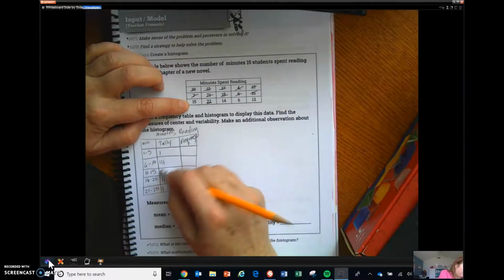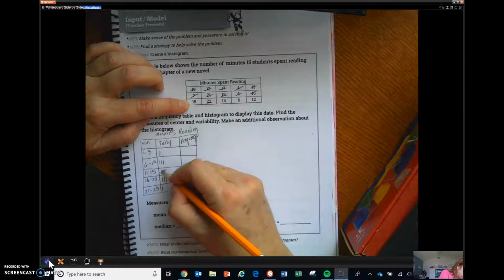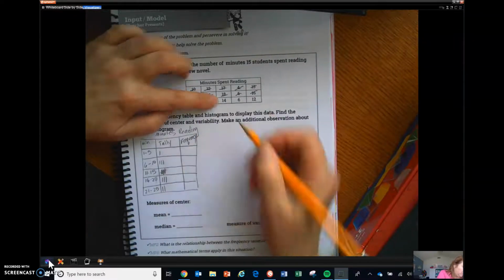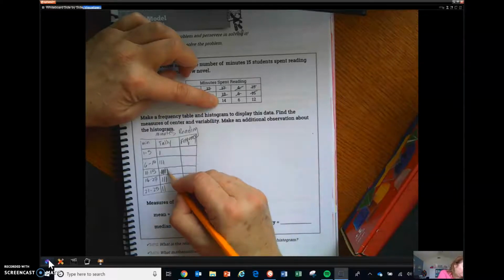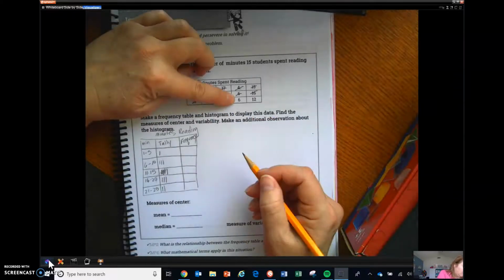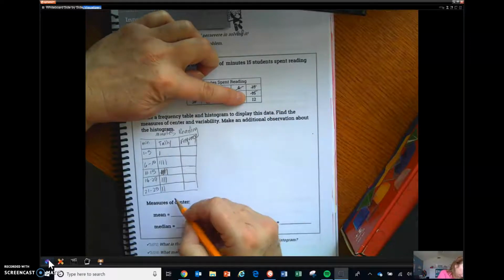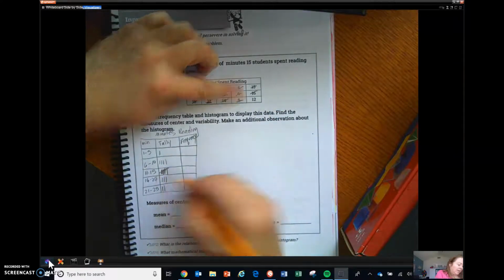Oops. I don't know why I wanted to put a little dash on that. 22. 14. 6, and 12. Now I can put my dash.